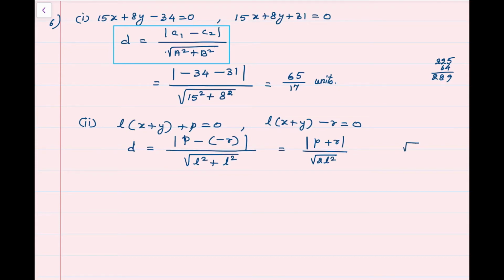Square root of L square should be a positive number. We don't know whether the value of L is positive or negative.